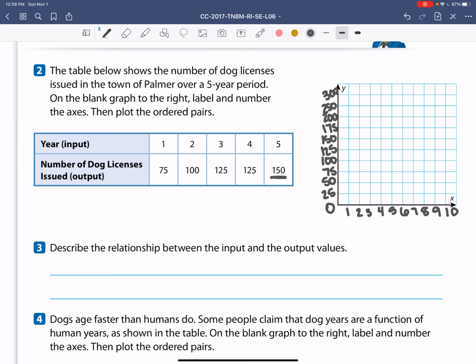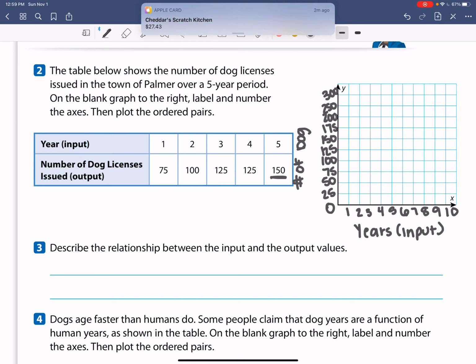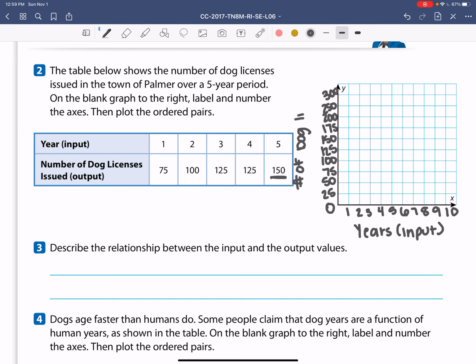Okay, and we'll go ahead and label our input. Our x-axis is always our input axis, so that's our years, and it's our input. And then we have our number of dog licenses, which is our output.